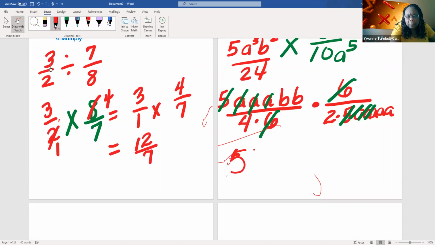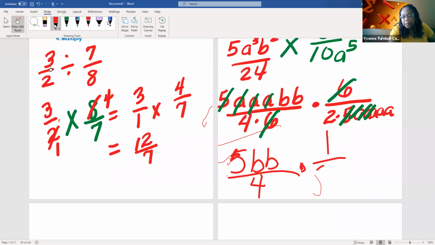Five B over 4 times, there's no other number in the numerator besides 1, so we put a 1. In the denominator, we have 2A. So to write our final answer, we would just multiply across.